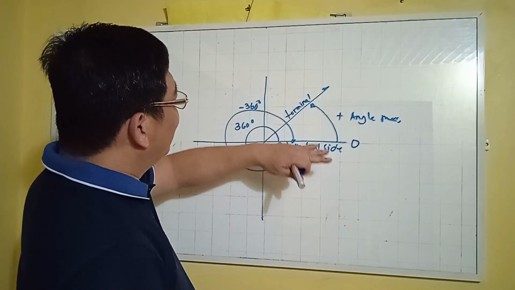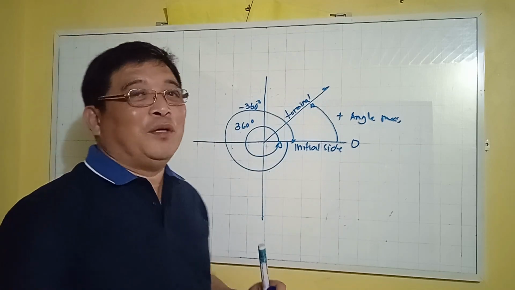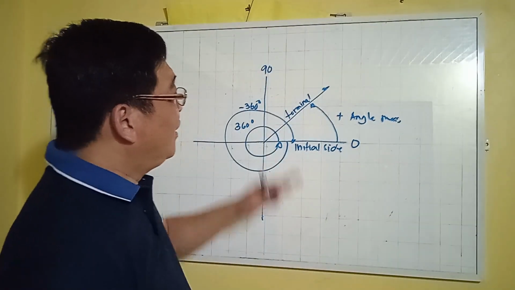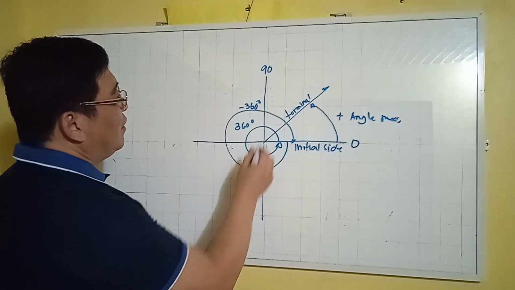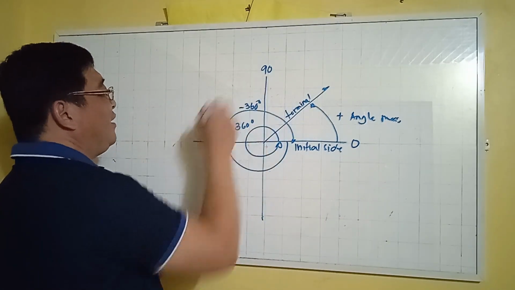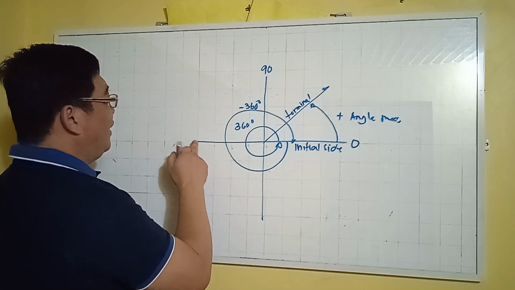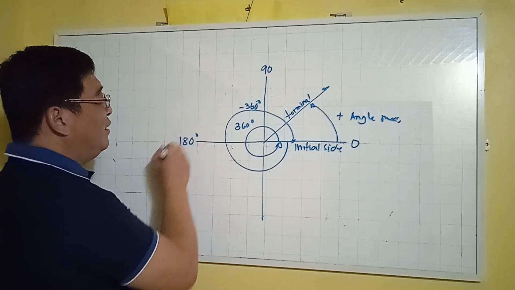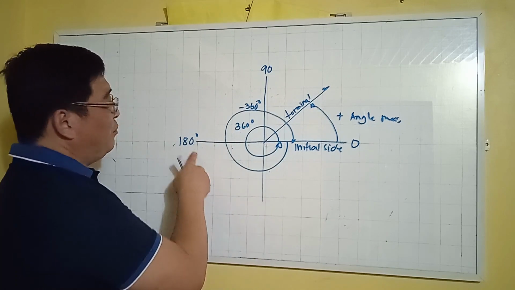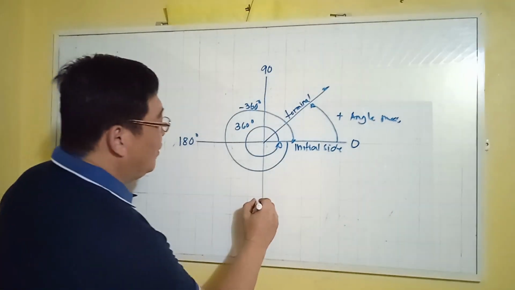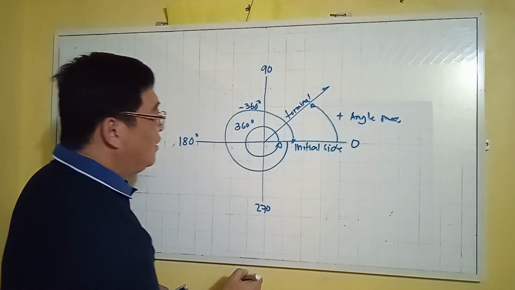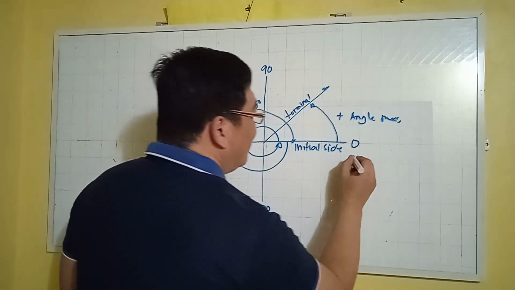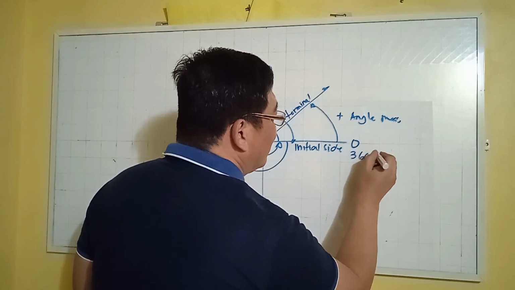Now, dahil yung bawat quadrant natin, nagme-measure ng 90 degrees, ang ibig sabihin niyan, we have 90 degrees dito pagka nag-fall yung terminal side dito, vertically, and then plus 90, we have 180 degrees. Another plus 90, we have 270 degrees, and another plus 90, we have 360 degrees.